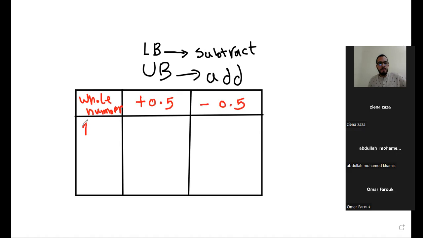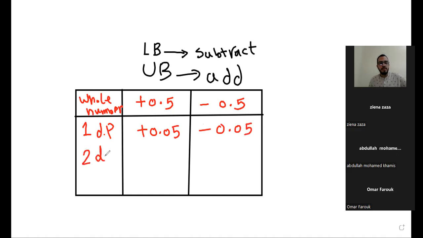To one decimal place, you add 0.05 and you subtract 0.05.